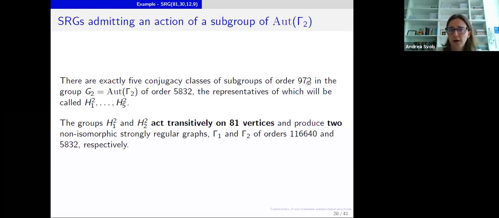There are exactly 5 conjugacy classes of those subgroups, of which 2 are acting transitively on 81 vertices, and from these two subgroups we obtained known strongly regular graphs.